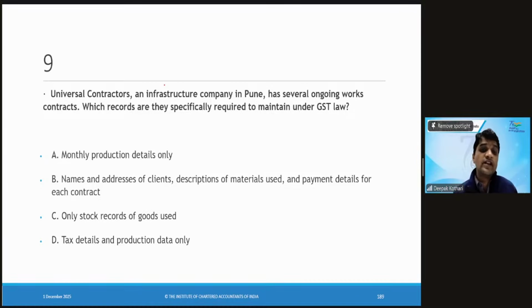Which records they should specifically require to maintain? Name and address of the clients, description of the material used, and payment details for each of these contracts. Answer is B. Correct.